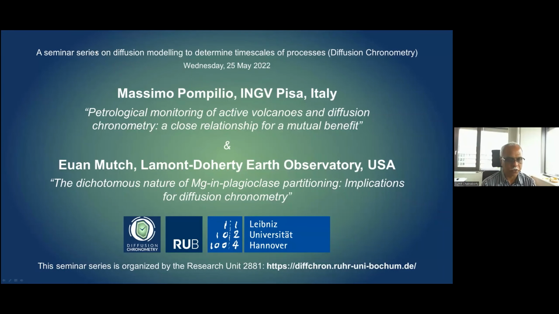Massimo has worked a lot on different aspects of volcanism at Etna, and on the efforts to monitor Etna and other volcanoes. He moved to the INGV in Pisa in 2004, where he was until 2021, and since then he has been a senior scientist at INGV Pisa.